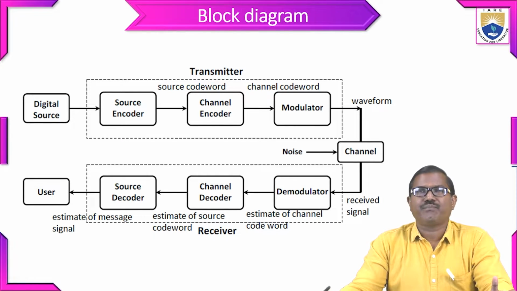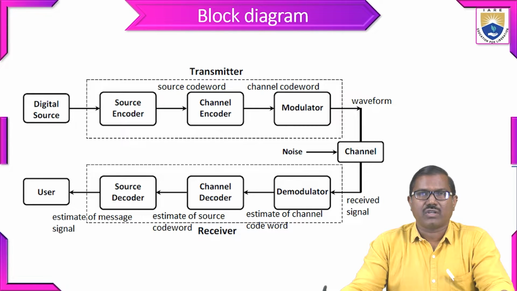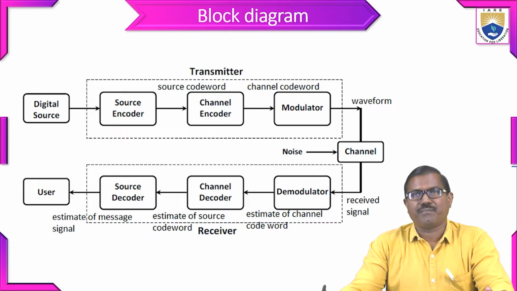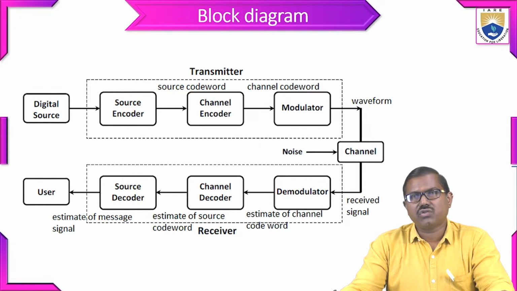So what is the duty of this source encoder? The main function of the source encoder is to represent the information in a compact form. The output of the source encoder we call the source code word.